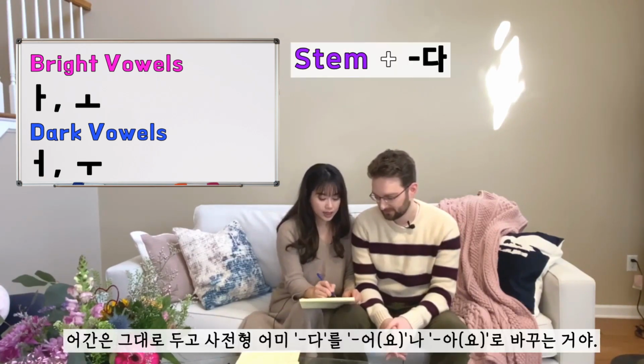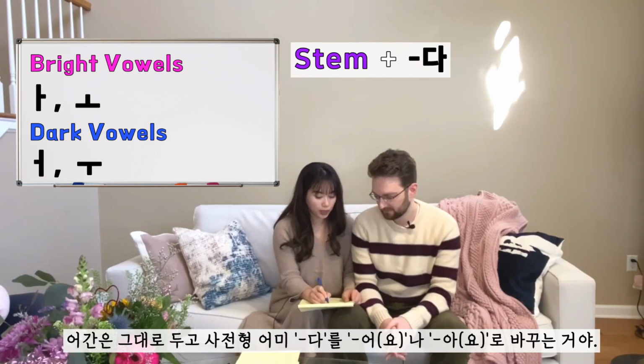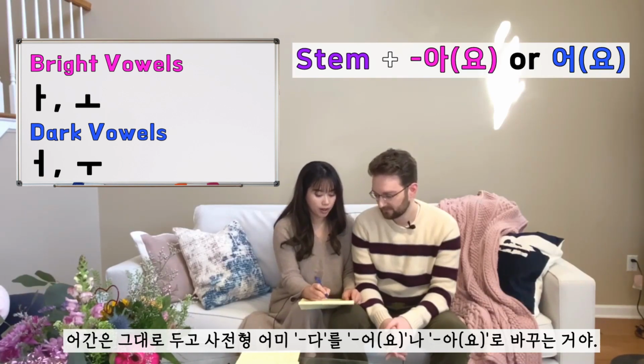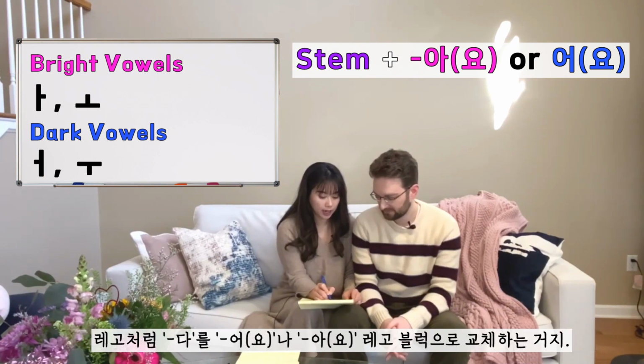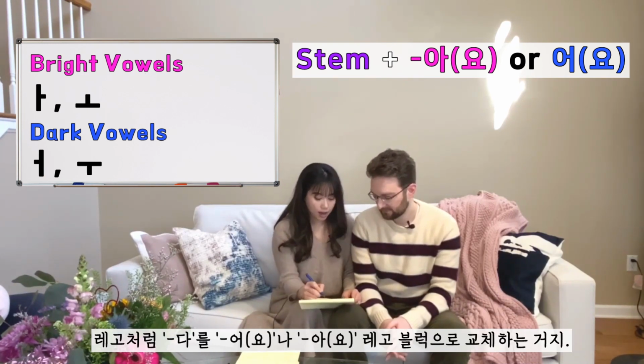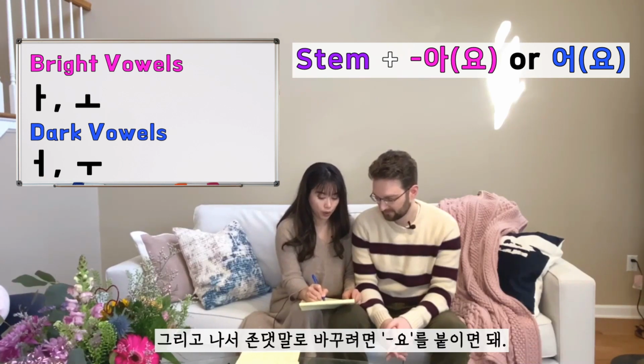And for this ending, we have two options, either to put a or o instead of ta. We're changing the Lego block ta to o or a. And then to make it polite, you put yo after.